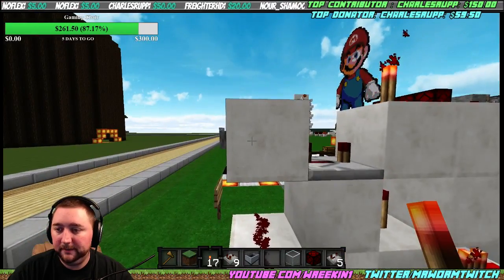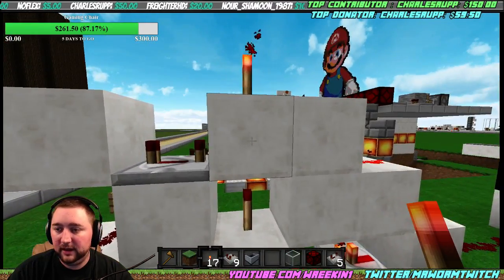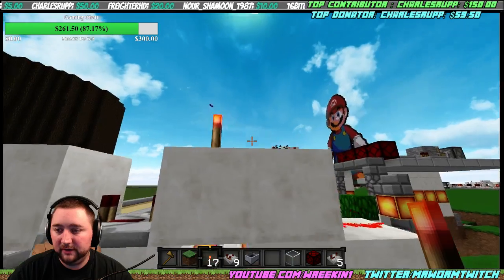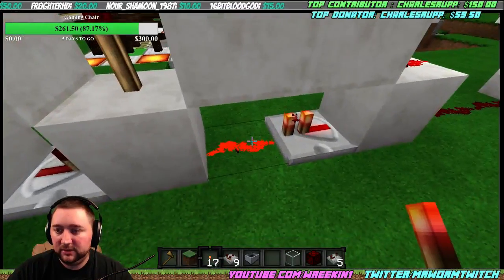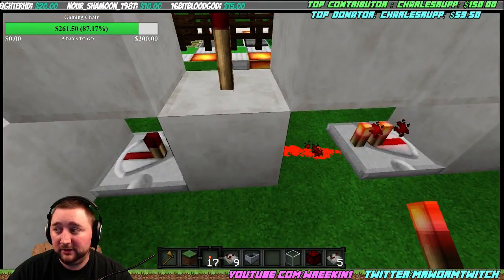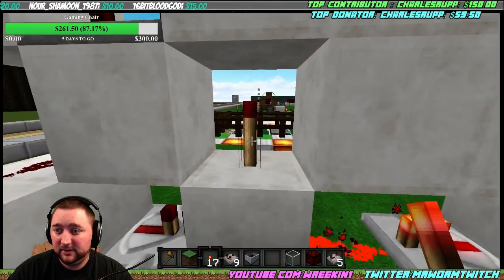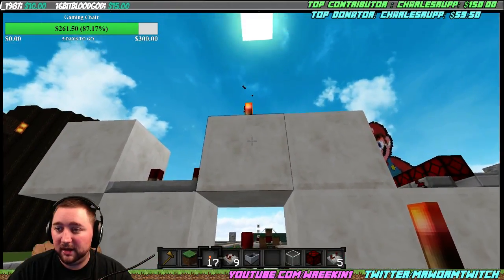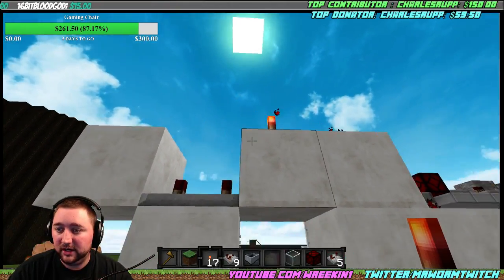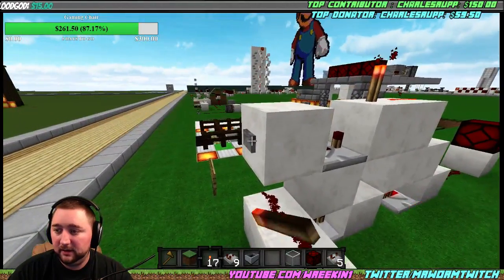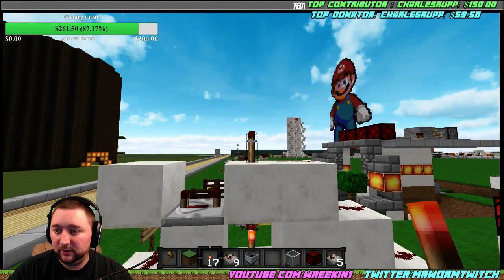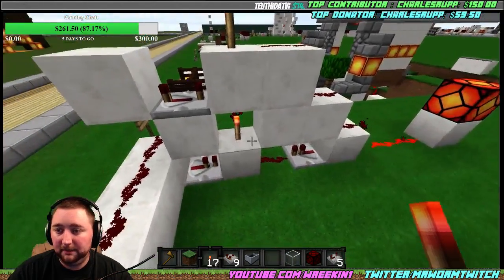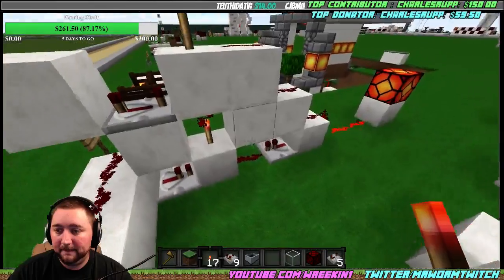When I press this button, it's going to send signal into that block, turning that torch off, turning the redstone off, which turns the repeater off, which turns that redstone off, which turns that block off, which turns that torch on, which then electrifies that block and then holds that torch in cutoff. Okay? And now you can see that torch is lit and that torch is off. So this is a flip-flop, right?